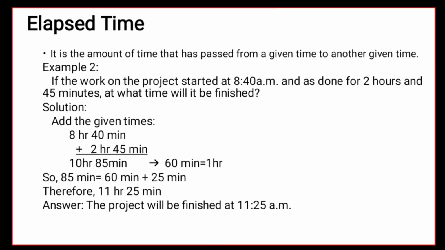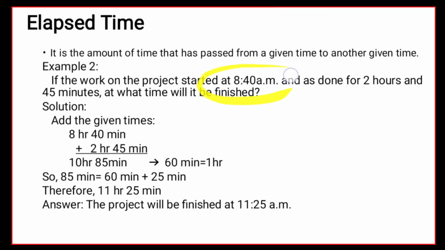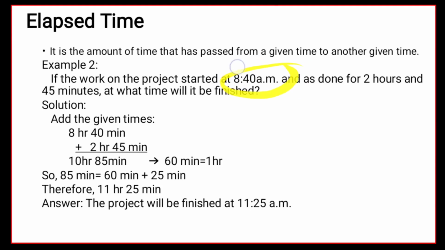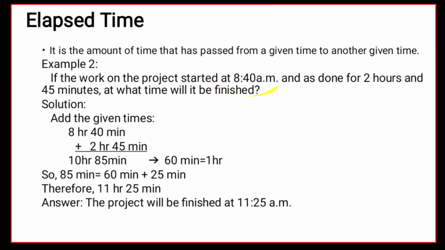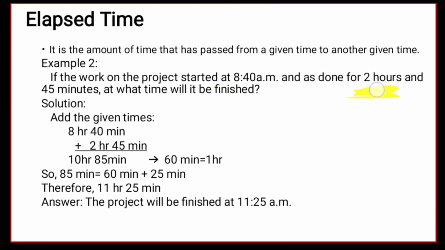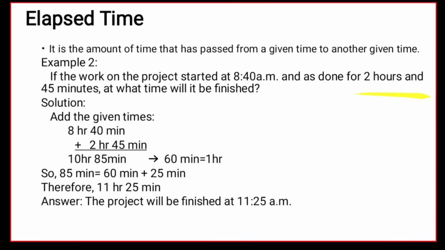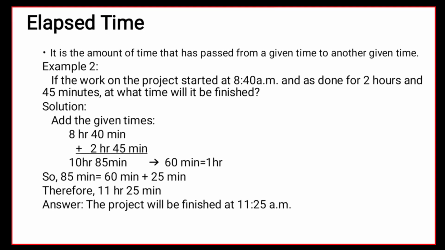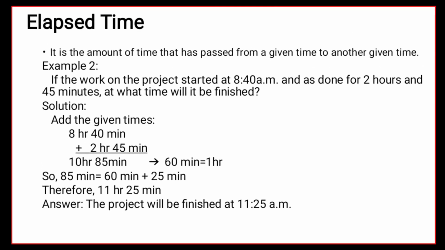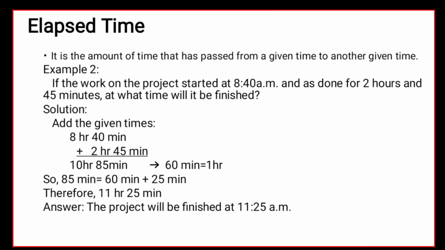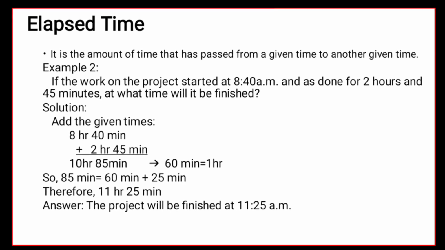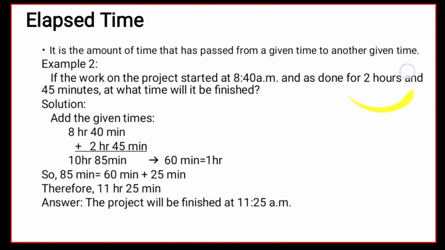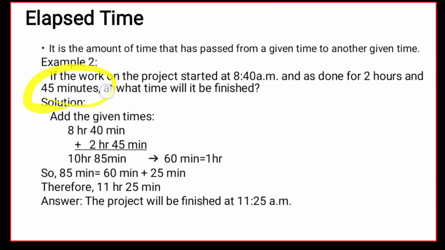Since the given is the time that the project started, 8:40 a.m., and we have the given elapsed time, which is 2 hours and 45 minutes, for us to find the time the project will be finished, we have to add the given time, which is 8:40 a.m., and the given elapsed time, which is 2 hours and 45 minutes.